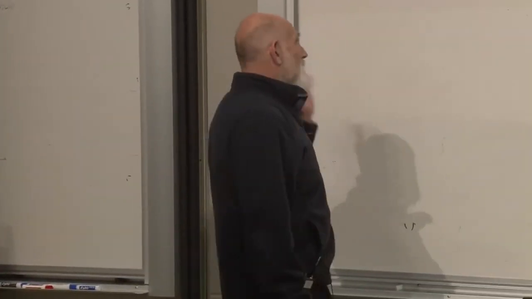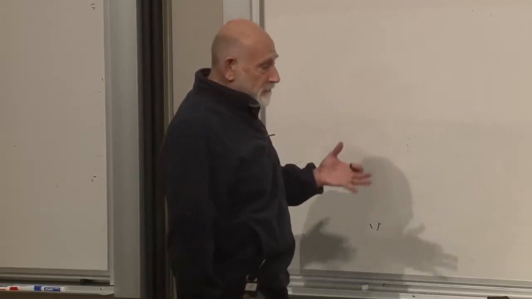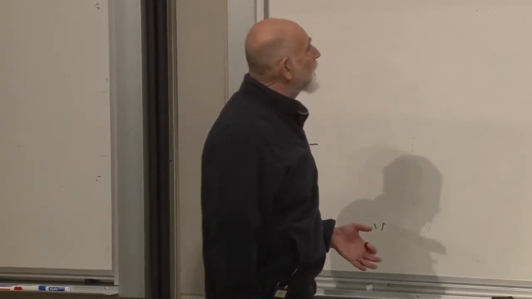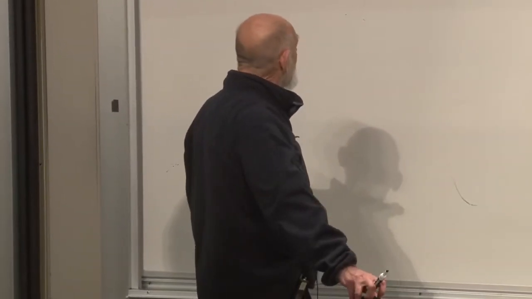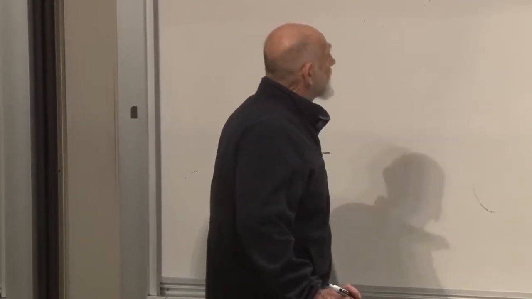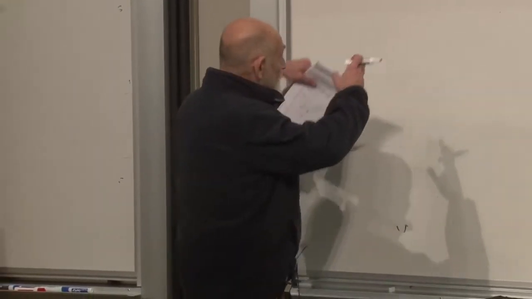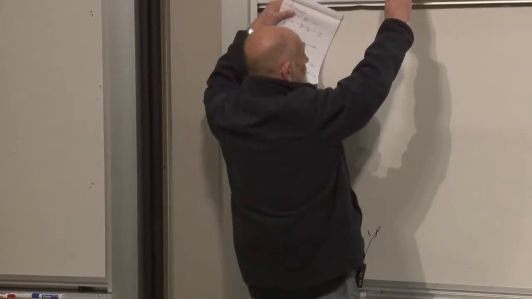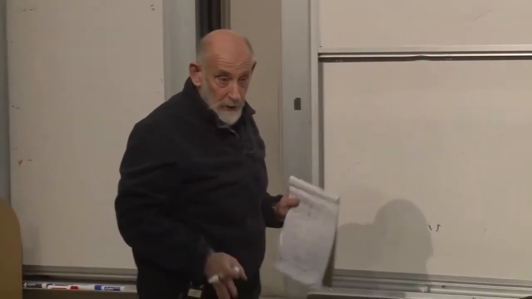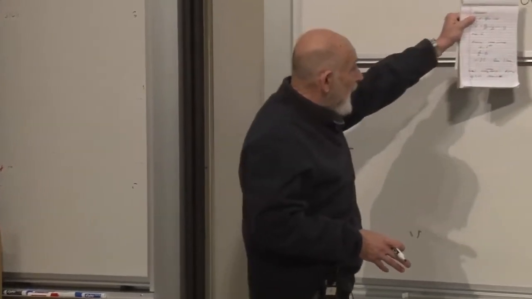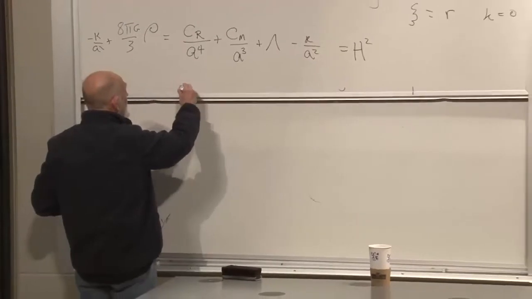C radiation, negligible. C matter, substantial, big deal, 1 proton per cubic meter. Nobody believed there was a lambda, so we forgot lambda. And then H had been measured. Incidentally, the relative ratios of these today, the ratios depend on time because they scale differently, but the ratios today are called omega.